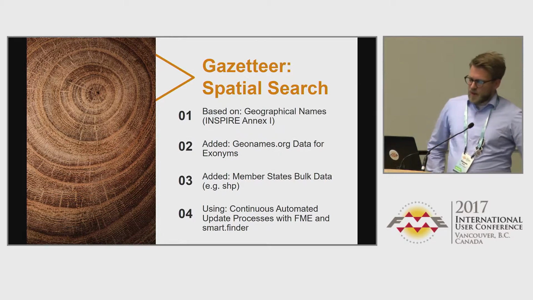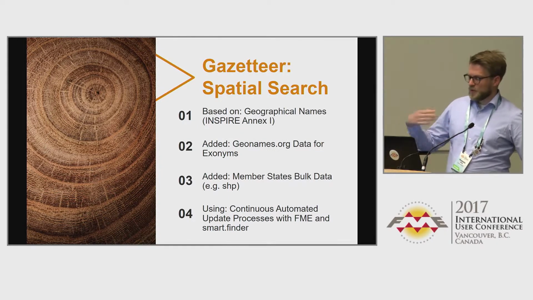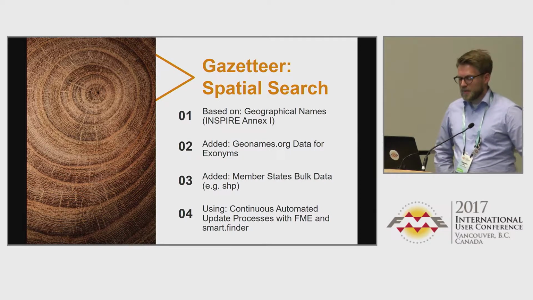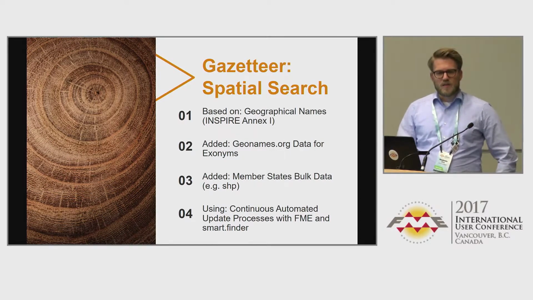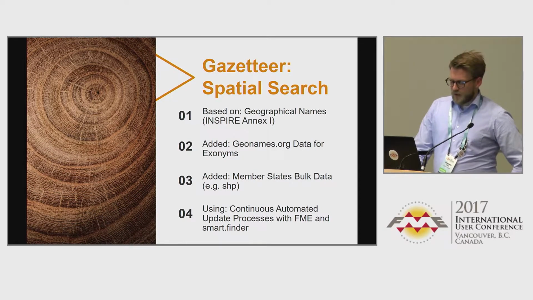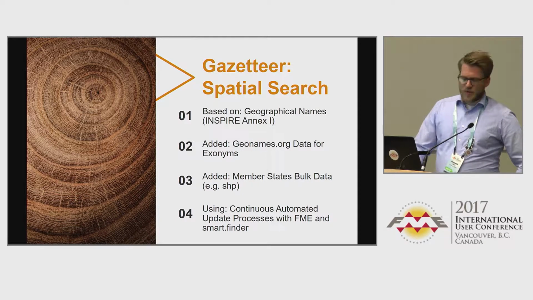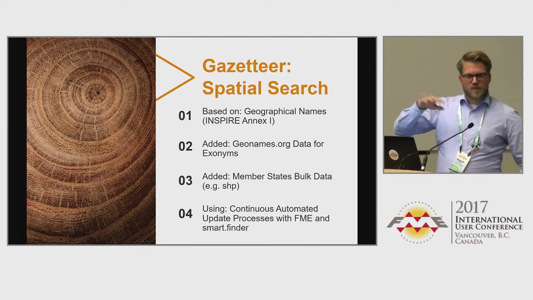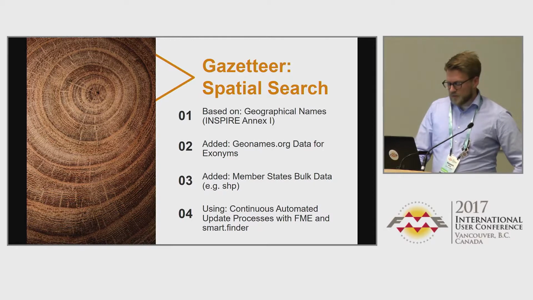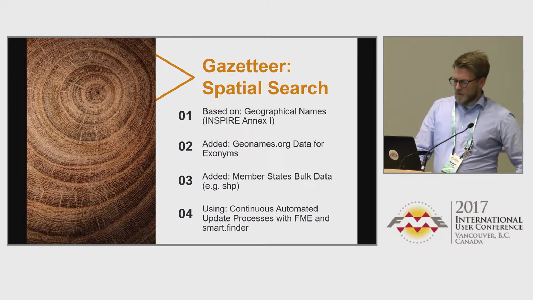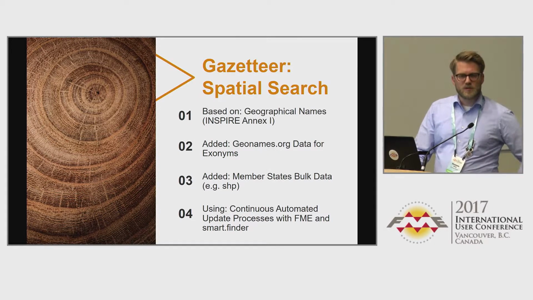And we added member states bulk data, for example, shapefiles, to just extend the information. And of course, we used continuous automated update processes with FME to feed the Smart Finder search index. Smart Finder is another product of Conterra for metadata search, and that was also included in this project.